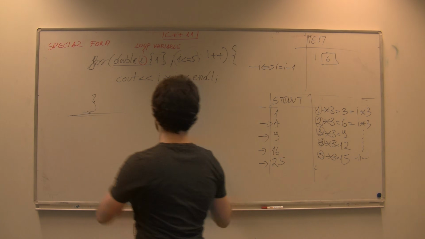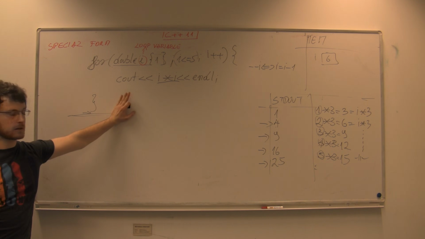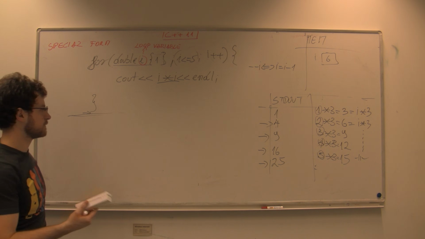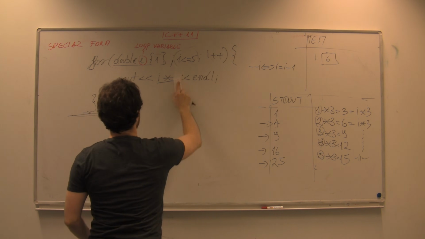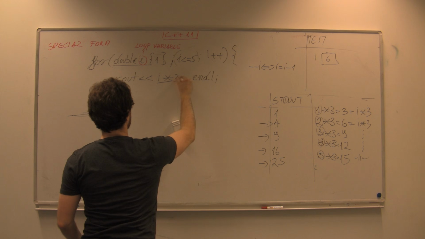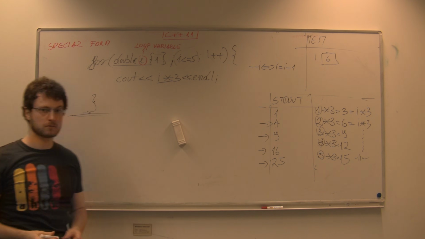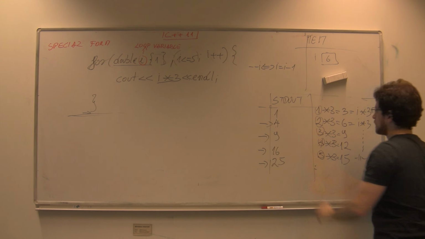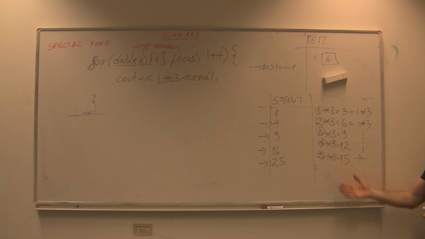And the only thing we need to change in the text here to generate the first 5 multiples of the number 3 is this. Oh, very simple. But still hard if you've never thought about it this way.